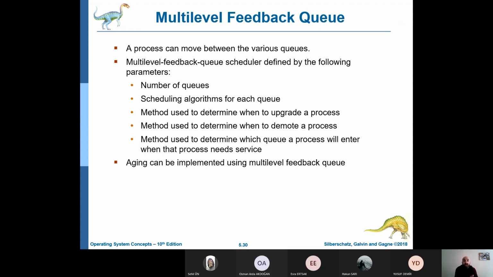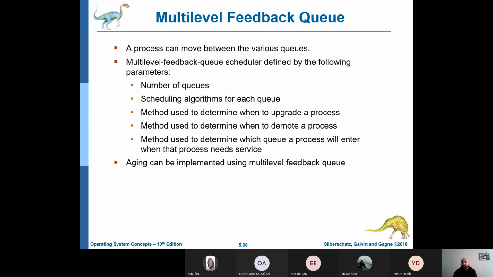Since processes do not change their foreground or background nature, we said that these are background processes and these are foreground processes, so a process has to wait in that queue for its lifetime. We cannot change the nature of that process. This setup has the advantage of low scheduling overhead, but it is inflexible.